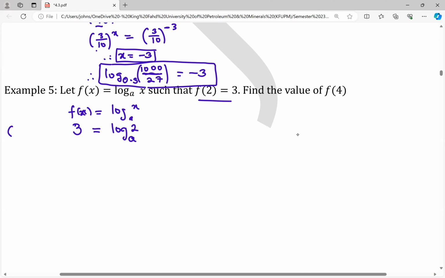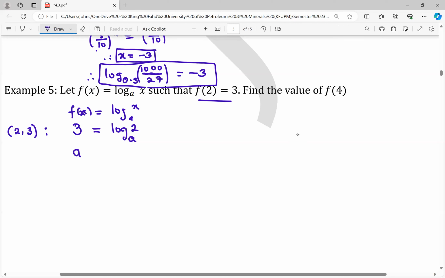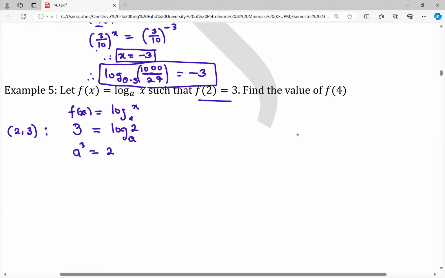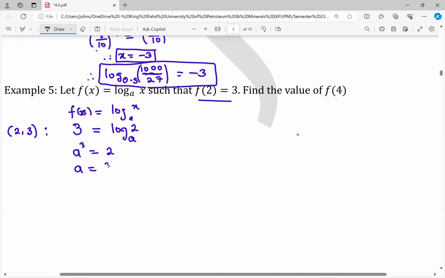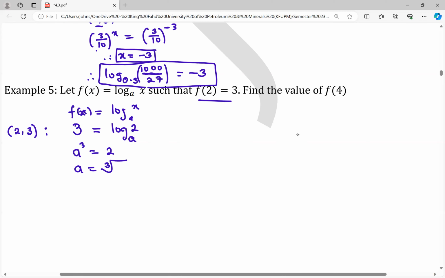The point x is equals to 2 and y is equals to 3. So clearly here, it means that a to power 3 is equals to 2. And then our a is just going to be the cube root of 2, right?